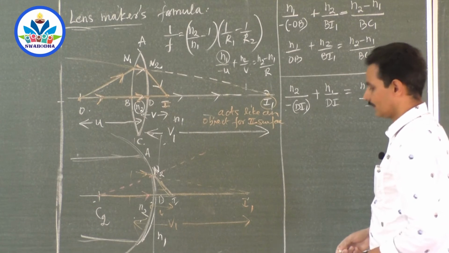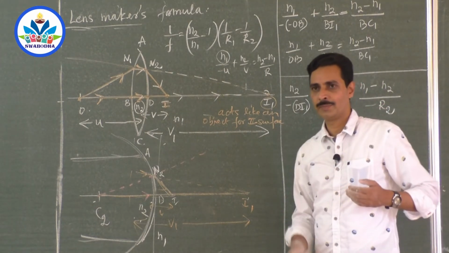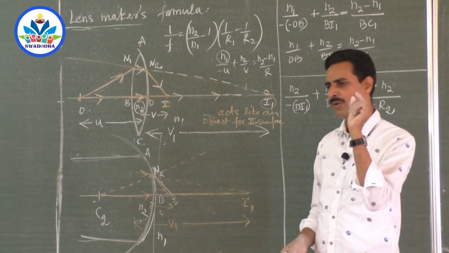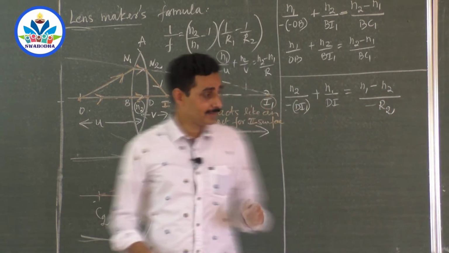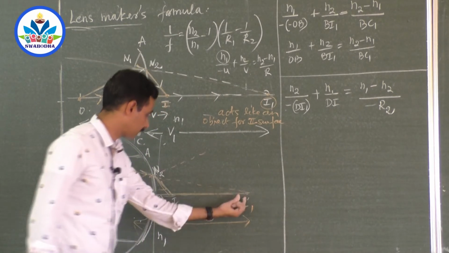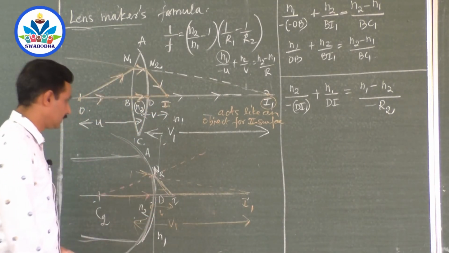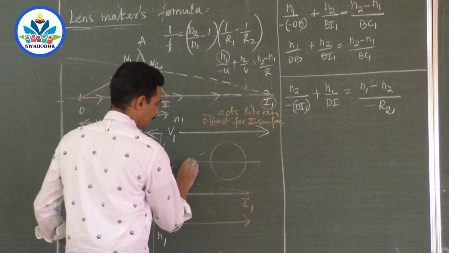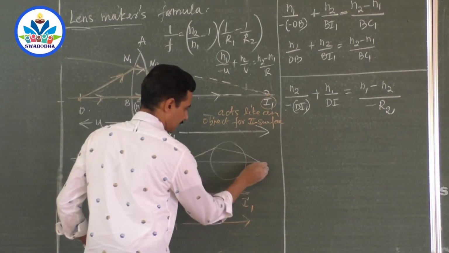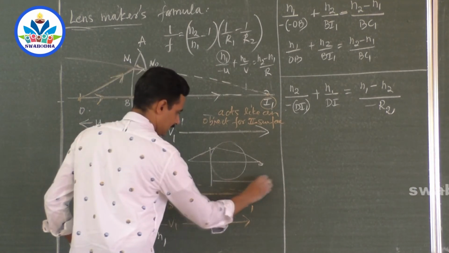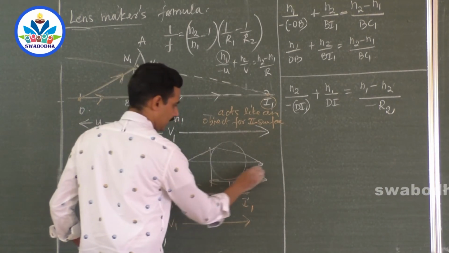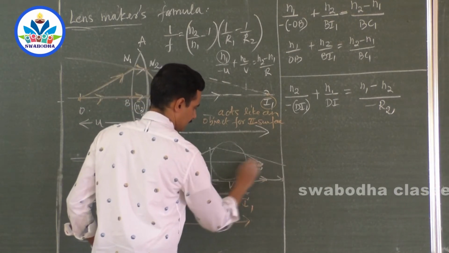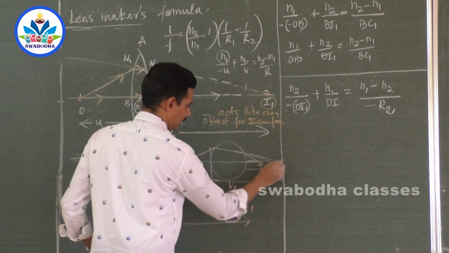Now, the problem that you did in the previous class and this derivation have a small difference. What is that? While taking this one as the object for the second surface, what did we do there? It was a sphere and there was an object and there was a second refraction. For the first surface, this distance is V1. But when you take it as an object, only from the first surface the ray will meet here.